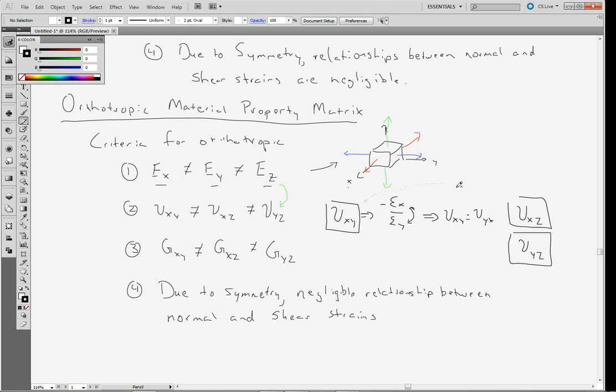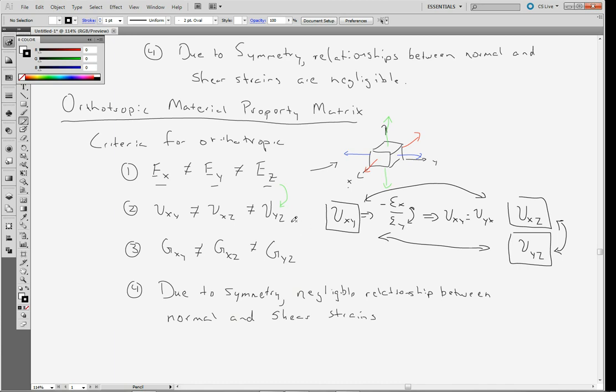It's just that we can't tell anything about the relationship between X and Z from the relationship between X and Y, and we can't tell anything about the relationship between X and Z relative to the ratio from Y and Z, right? So we can't really go between these different parameters. They don't really relate to each other anymore, and that's because we have slightly different material properties in each direction.